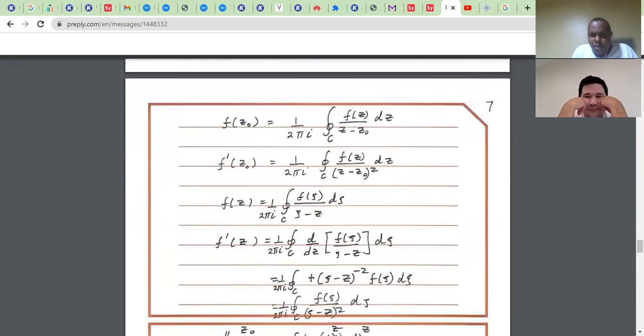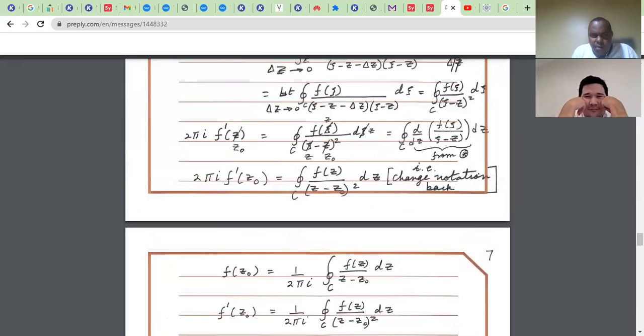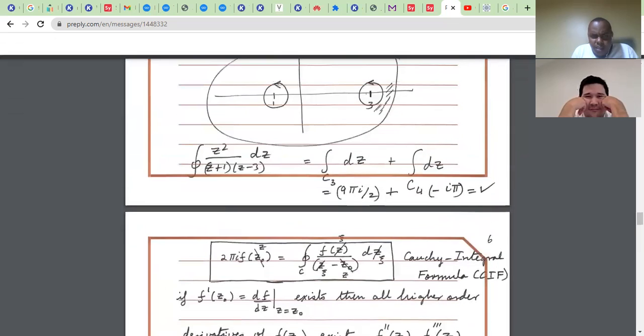But I have a problem with the Cauchy integral formula, and I want you to think about this. Does the Cauchy integral formula work with poles of order n greater than 1?